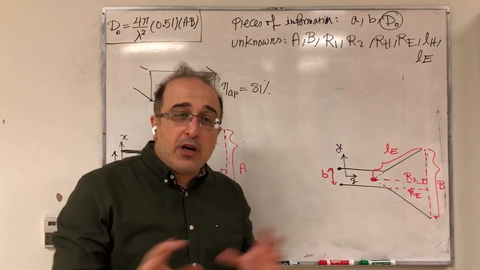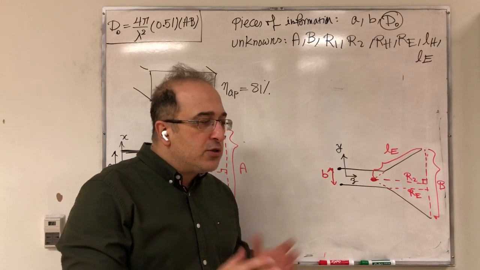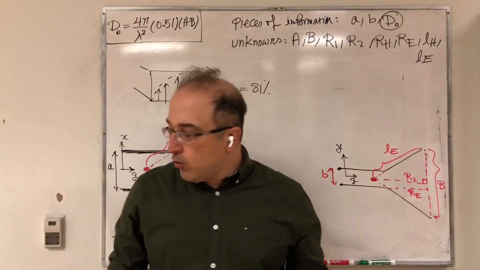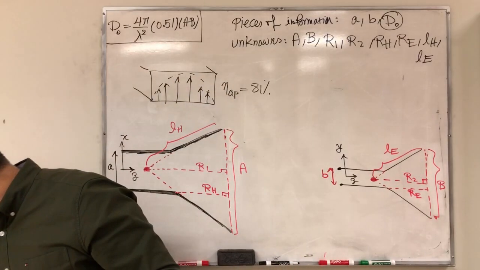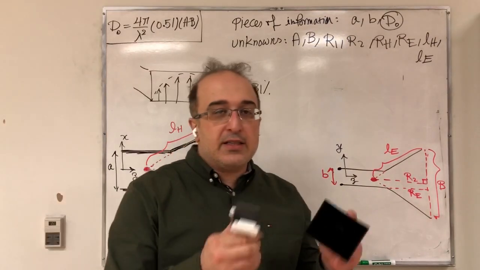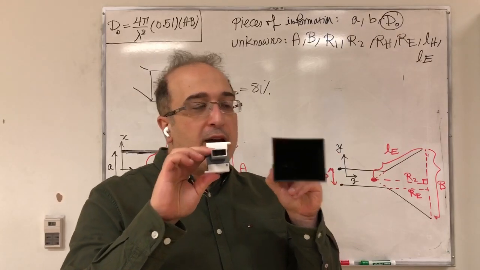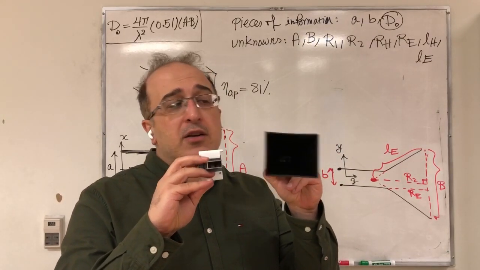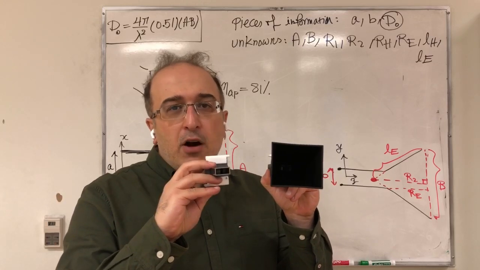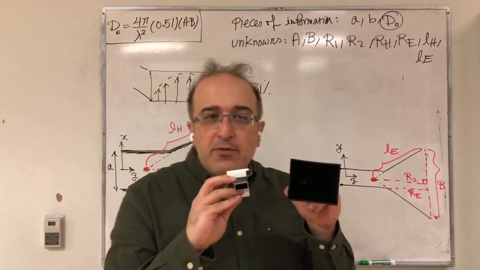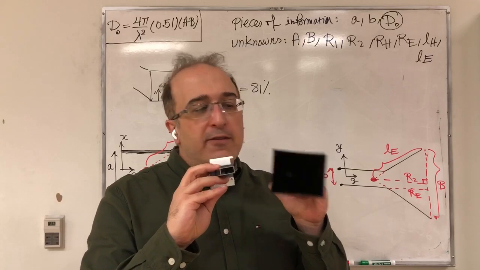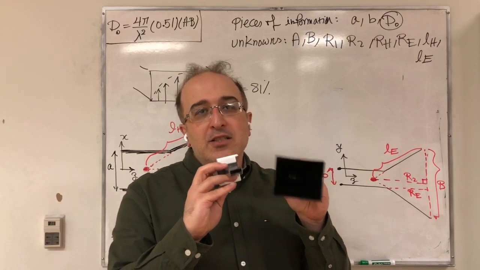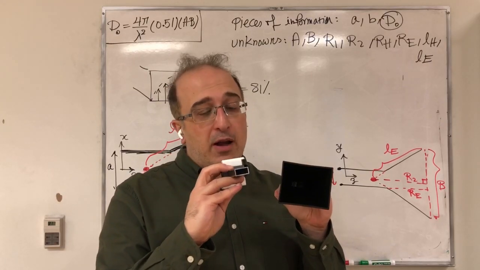This could be confusing in the beginning, because you might say, oh, a horn antenna, let me have an open-ended waveguide and horn. So this is my open-ended waveguide, this is my horn antenna. If you say, oh, the aperture of this is bigger, so it's more efficient, that's a wrong answer, because aperture efficiency has nothing to do with the aperture size. It has to do with how good you're using your aperture.